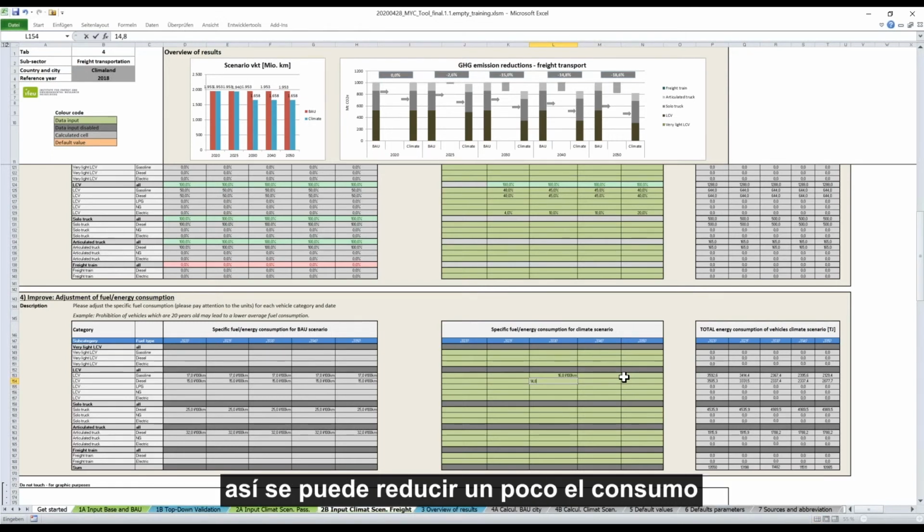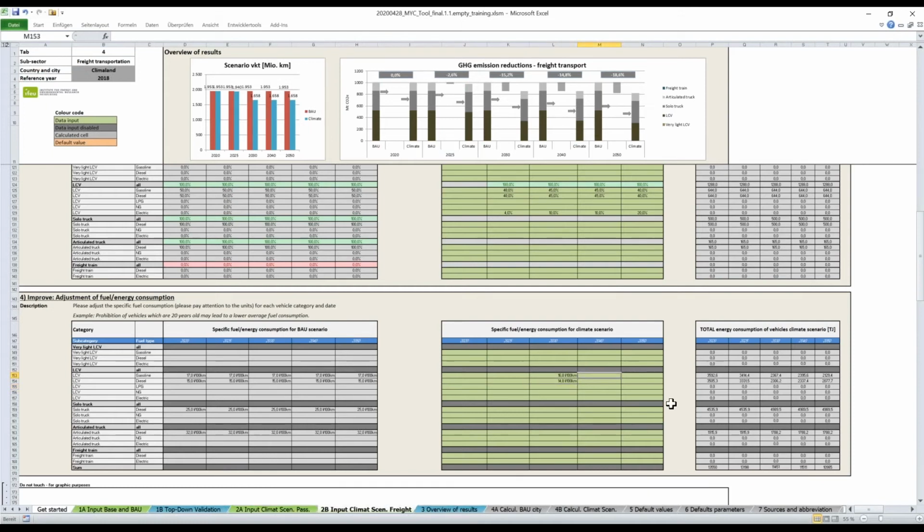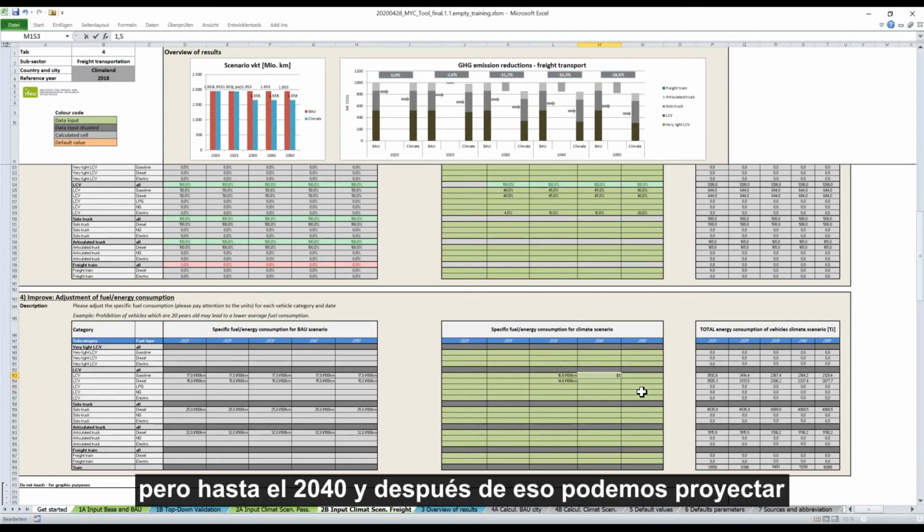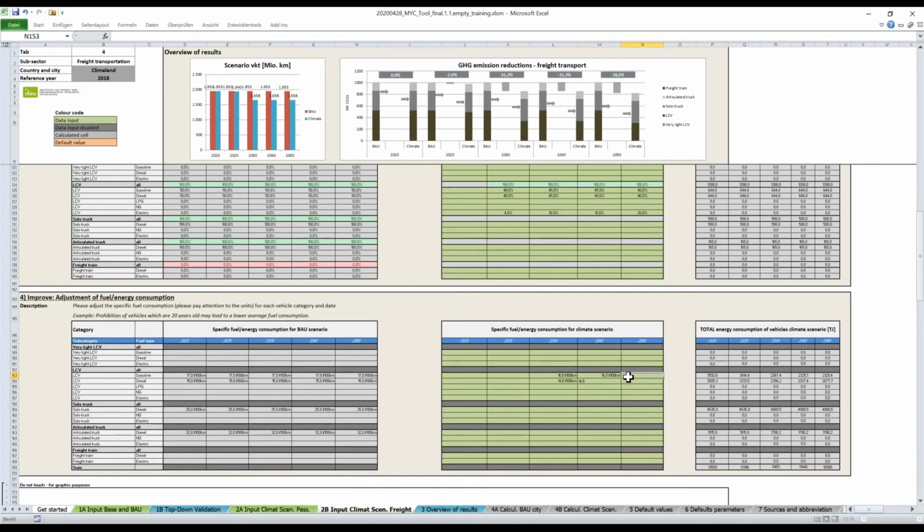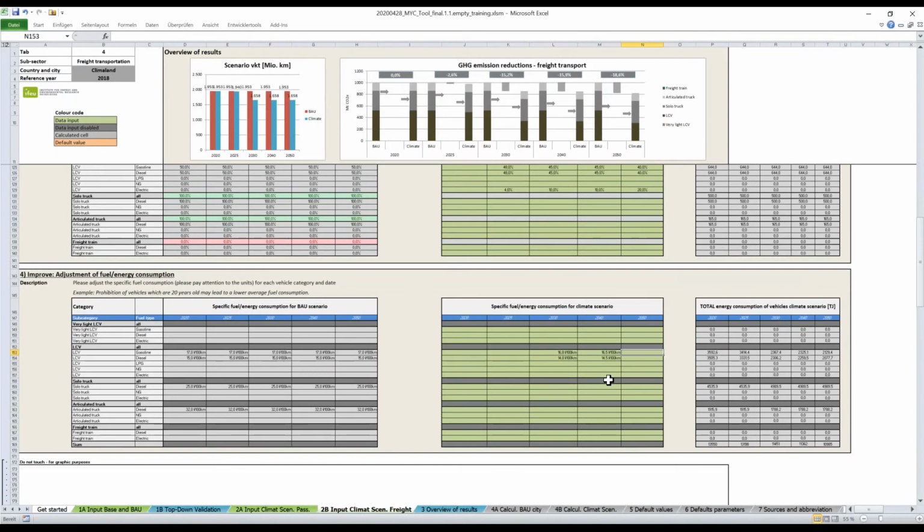So we reduce a bit the consumption, and we say that it will bring some improvements until 2040, and afterwards we can't really project, so we just leave it as it is in 2040.